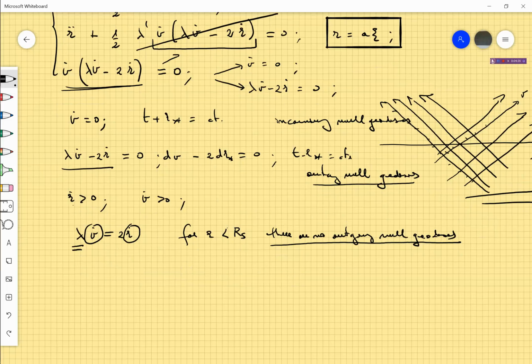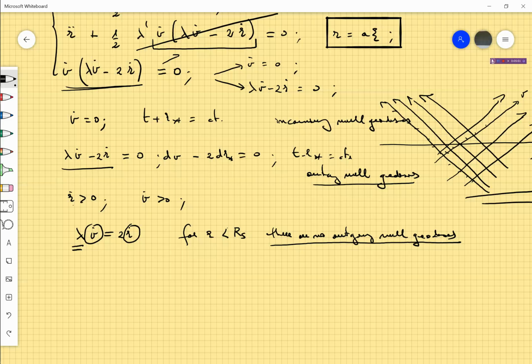So this means that light can go to larger values of r when you are outside of rs, but when you are inside this region characterized by r equal to rs, light cannot go out, cannot go to larger values of r. And this is the origin of the idea of a black hole.